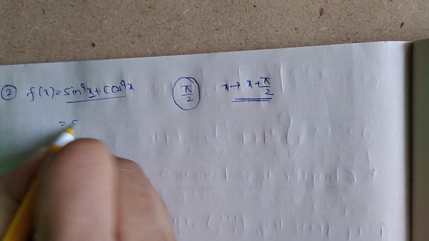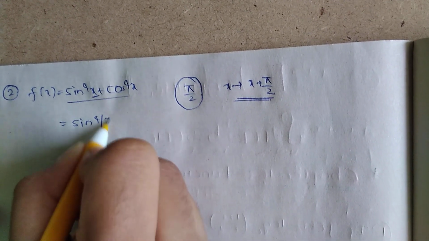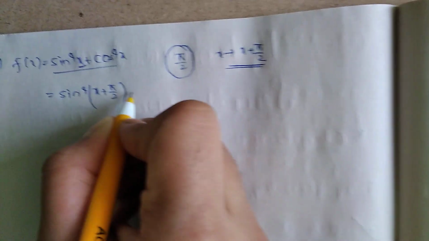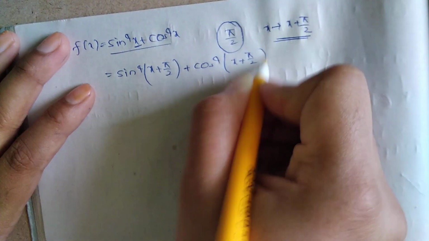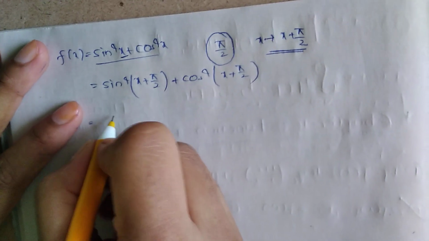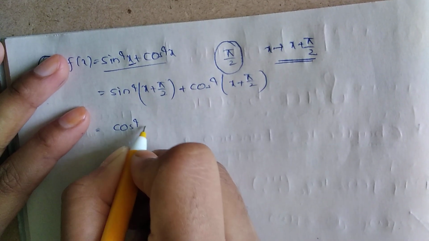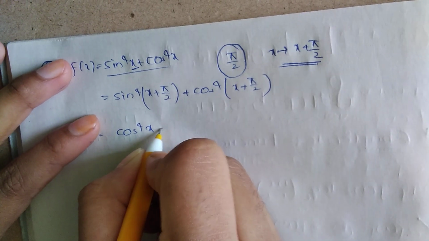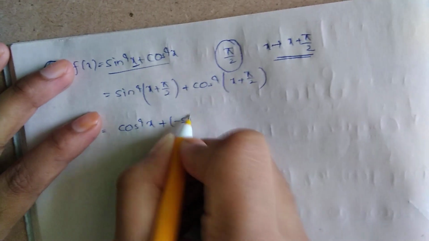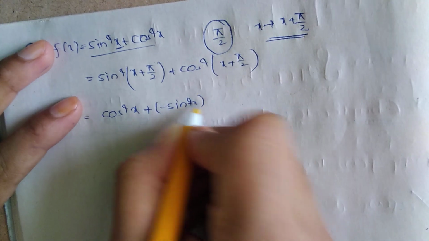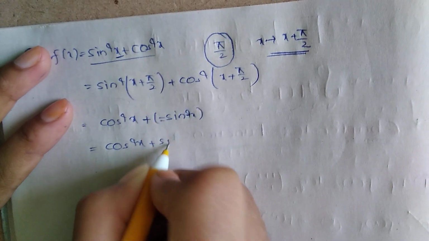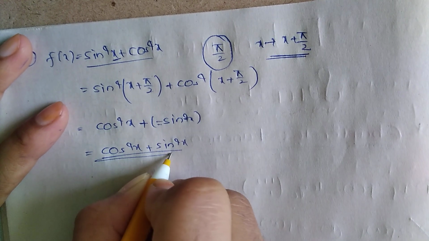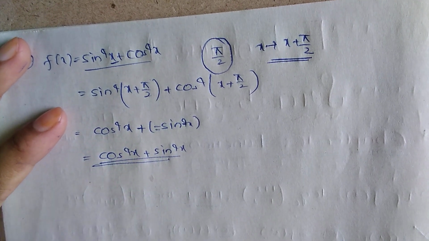So let's do it. Sine power 4 of (x plus pi by 2) plus cos power 4 of (x plus pi by 2). What do you get? Cos power 4x here plus minus sine power 4x. 4 is even, so this becomes positive: cos power 4x plus sine power 4x. Are we getting the same thing as f of x?